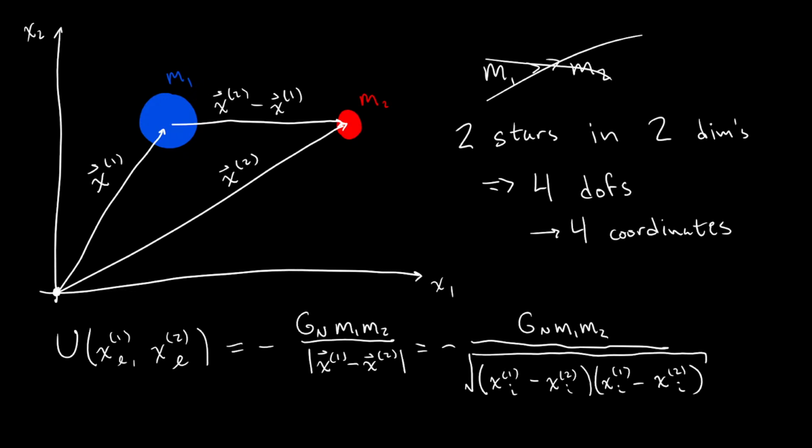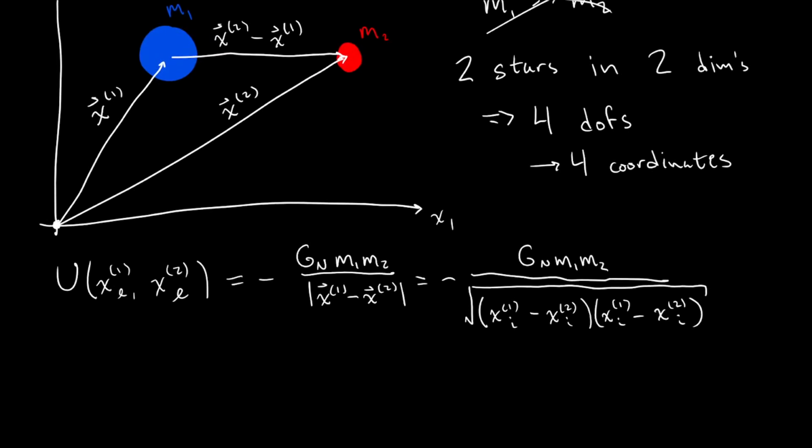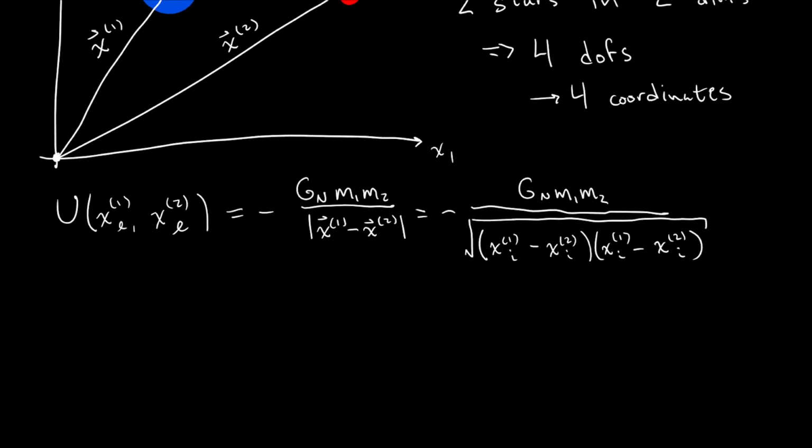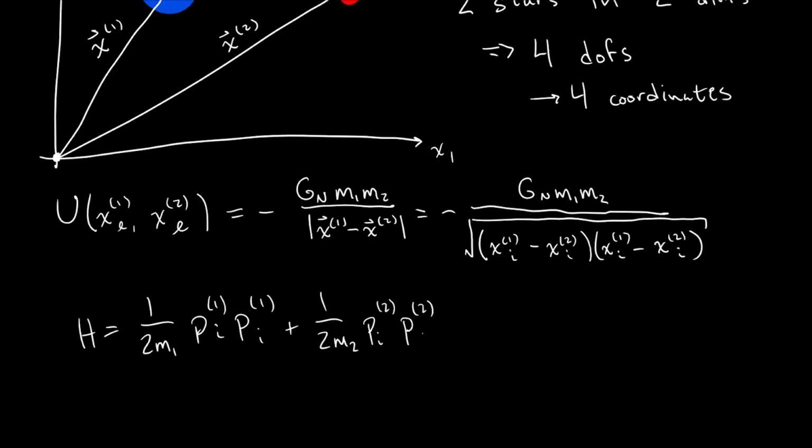Okay, and this is, of course, all in Cartesian coordinates, so we know the form of the kinetic term. And so we can write our Hamiltonian immediately. One over 2 m1, p1 sub i, p1 sub i, plus 1 over 2 m2, p2 sub i, p2 sub i, minus this awful monstrosity.